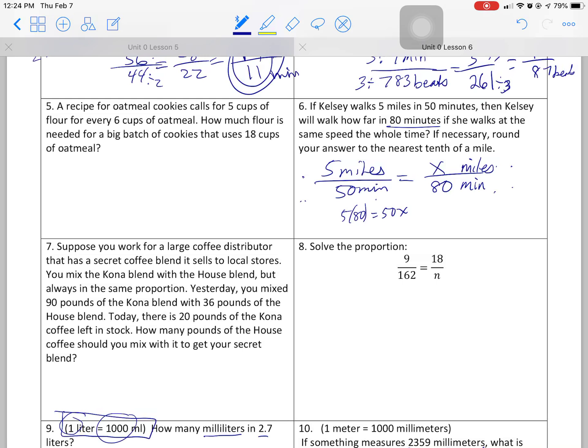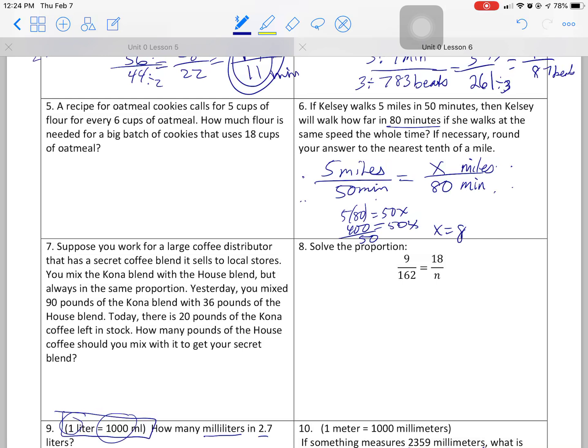Let's see, 80 times 5 is 400 divided by 50 is, I did not do that right. Hang on. 400 divided by 50 is 8.